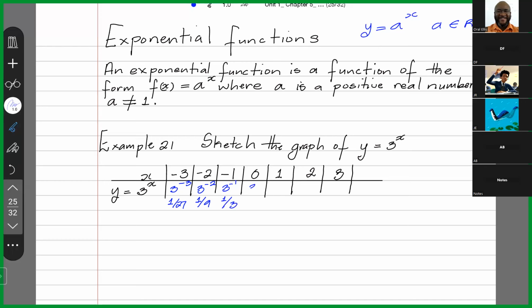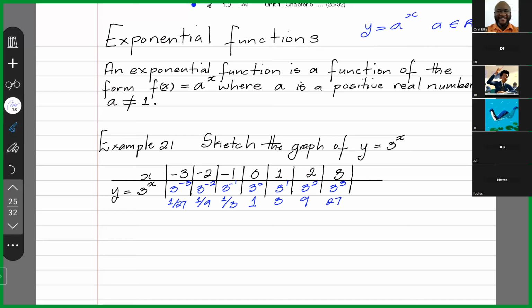And 3 to the 0 is equal to 1. 3 to the 1 is 3. 3 squared is 9. And 3 to the 3rd power is 27.